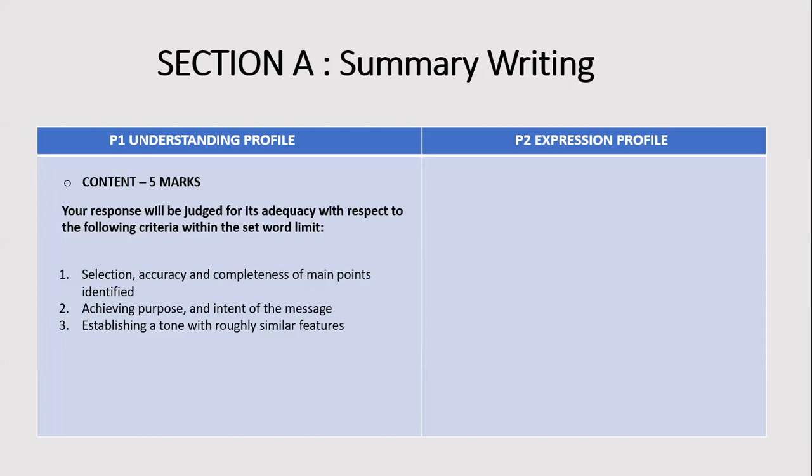With summary writing, we have to be able to read through the passage and select the main points. It's important to read: what is this passage about? What is it telling me? What do I understand by it? And take it from paragraph to paragraph and complete your main points.